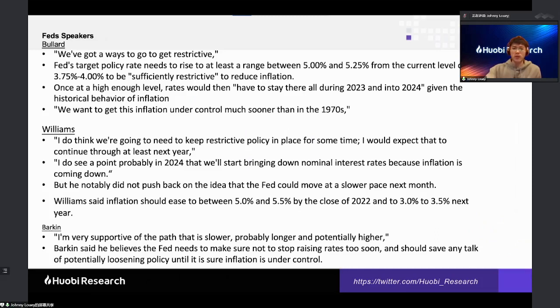Let's try to assess their overall attitude: are they being more hawkish, or are they going to get a little bit dovish?